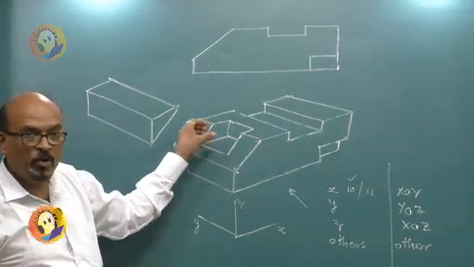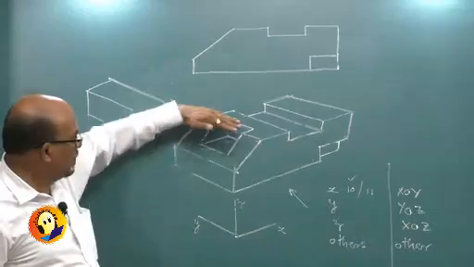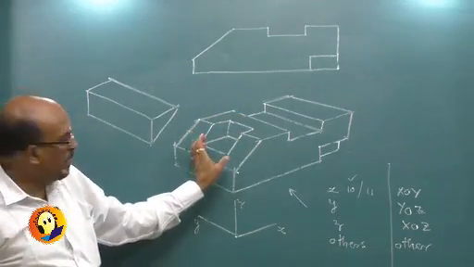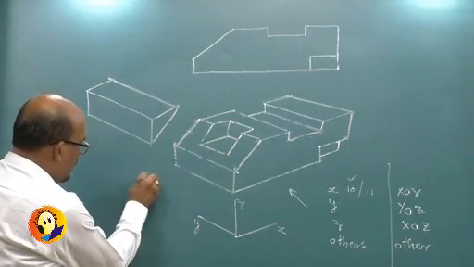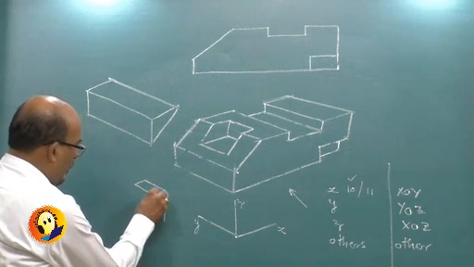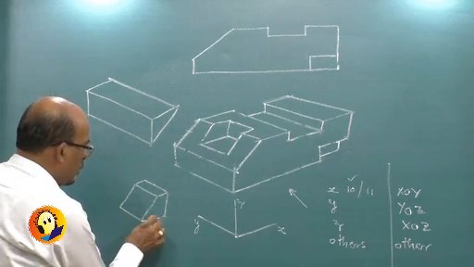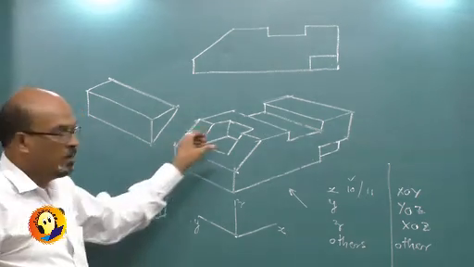I have removed a block from here. It was already continuous one, but I removed a block. How was that block? This is the block which got removed, right? It fits in here.